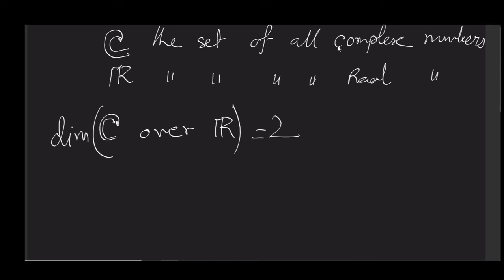Two individual numbers have to be picked from your set of all real numbers to construct its basis. So it is two dimensional. But if you consider C over C, it is one dimension, because one is sufficient for you to represent any vector.